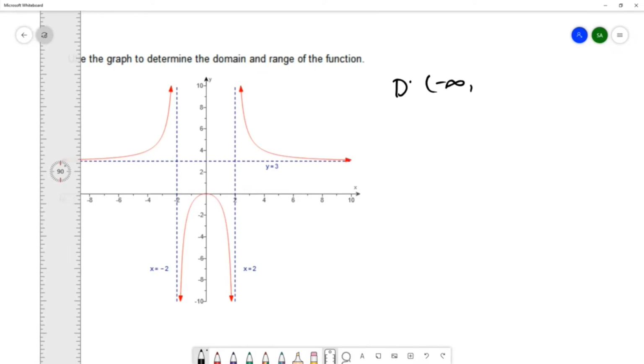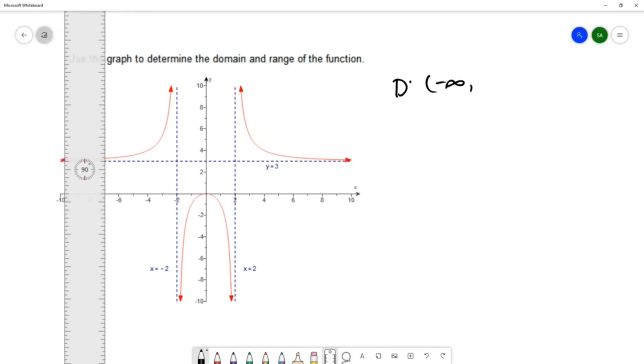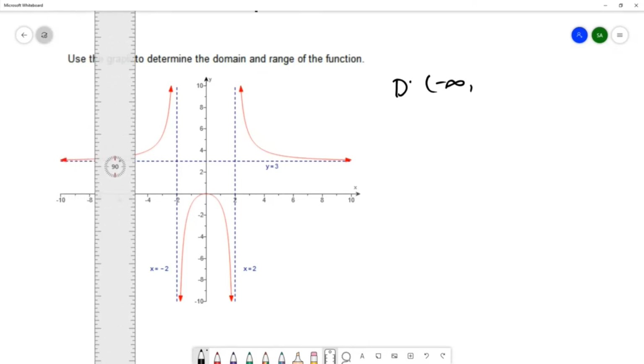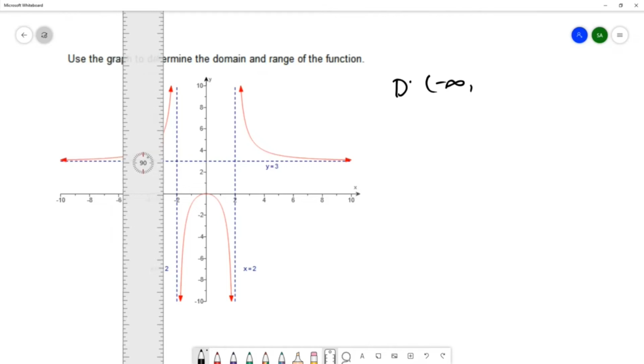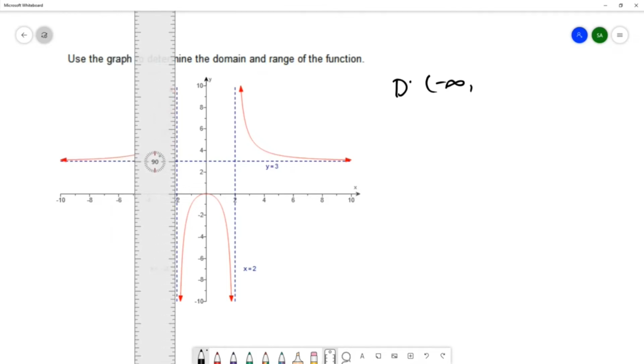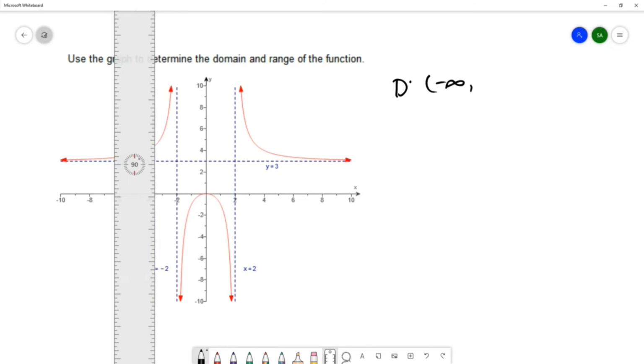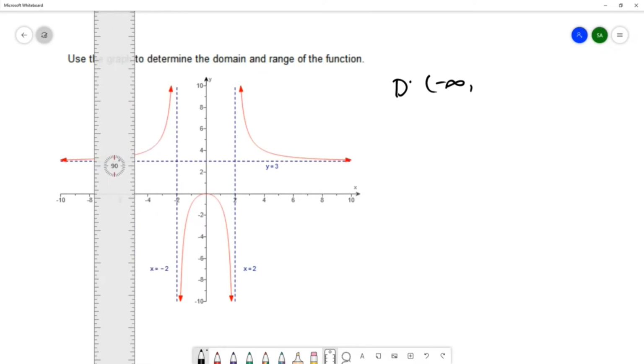As I keep moving to the right, I'm hitting the graph. I continue to hit the graph, and then we reach this dashed line here. Hopefully you remember what I mentioned, that my graph will continue to get closer and closer to that vertical line without ever reaching it. Because it never reaches it, I have a gap in my domain.